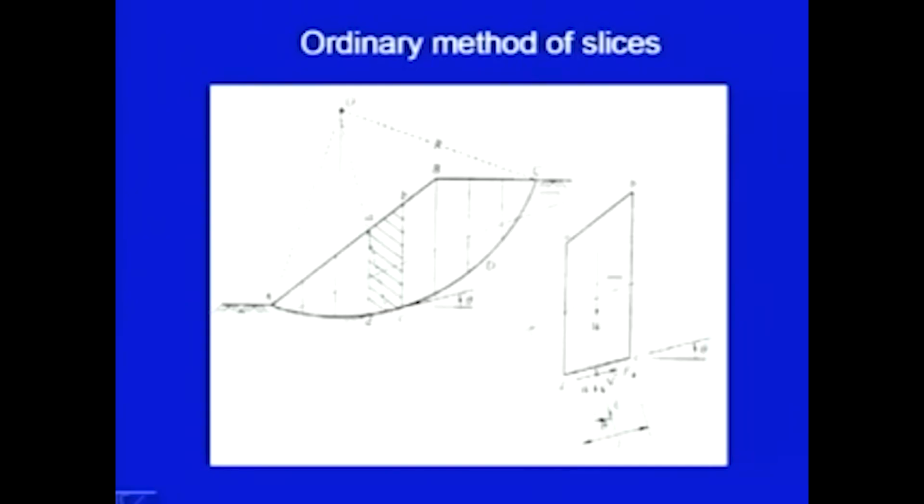Our assumption in this present analysis is that we are neglecting these forces. In fact, we are considering these forces to be equal. This horizontal force and this force are equal, and the vertical forces acting here and here are equal and opposite in direction. So, we are not taking them into consideration.